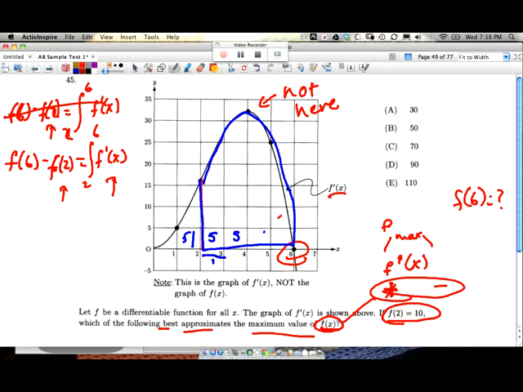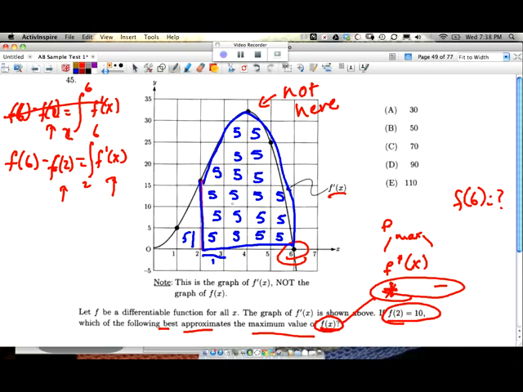And then we got another 5, that's 10, 15, 20, 25, 30, 35, 40, 45, 50, 55, 60, 65, 70, 75, 80, 85, 90, 95.